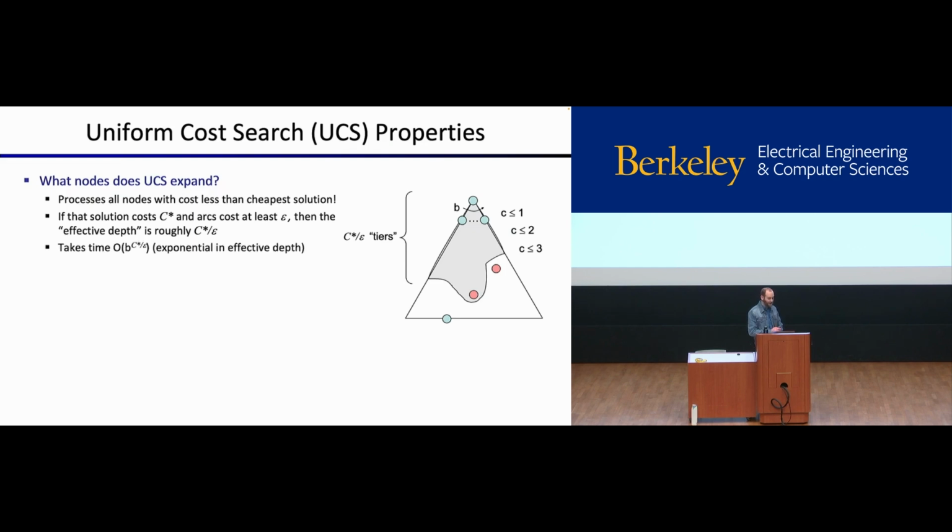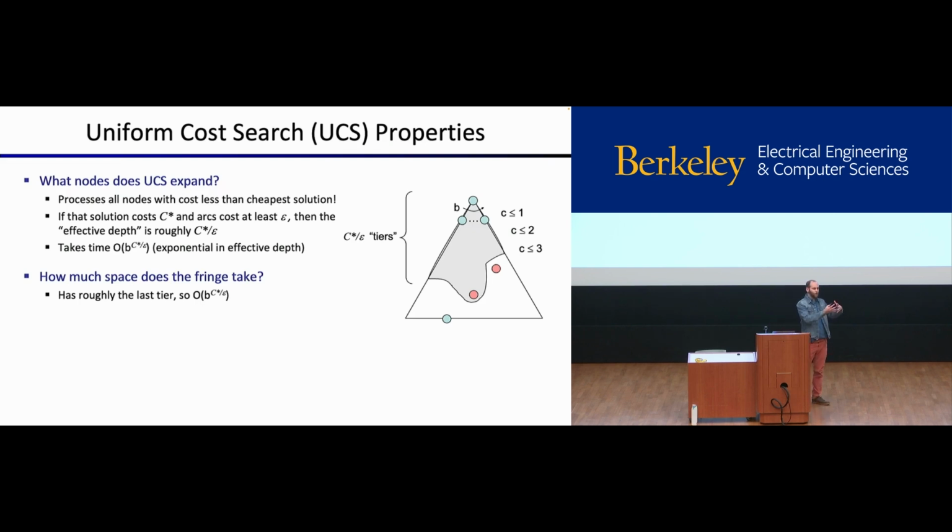So this takes time, in the worst case, b to the power of C star over epsilon. Because you could be looking at b different options at each depth, and it gets exponentially large as the tree gets bigger. So how much space does the fringe take? Just take a moment to think. Same, roughly that of breadth first search. This is basically breadth first search with a spin.